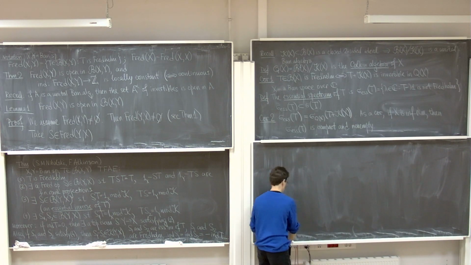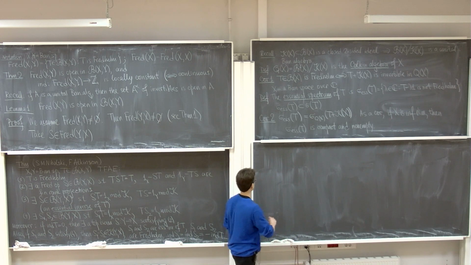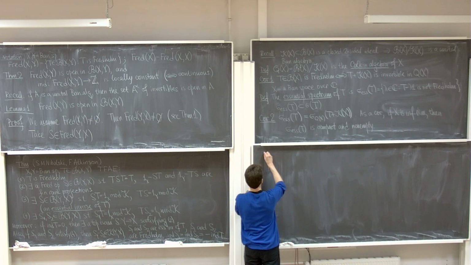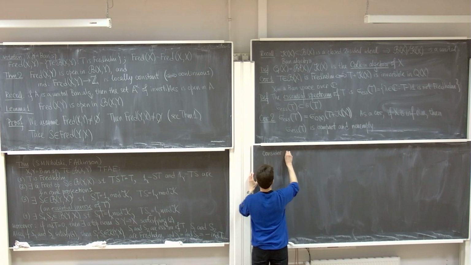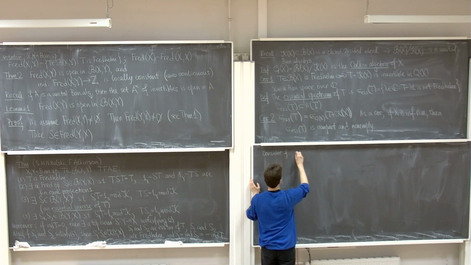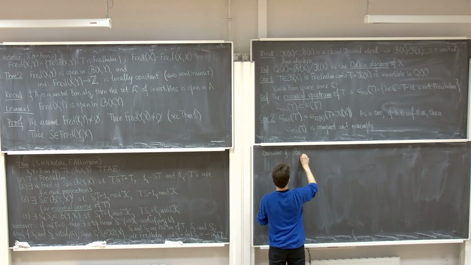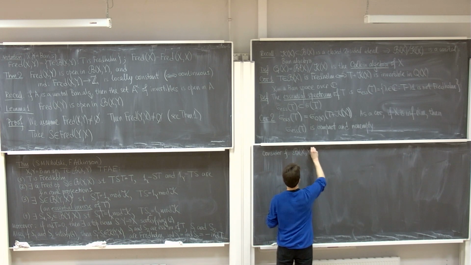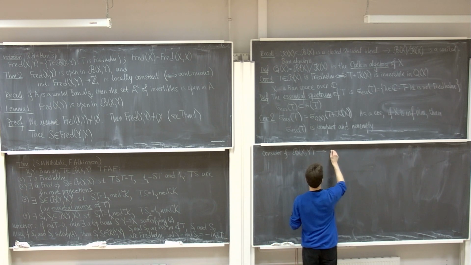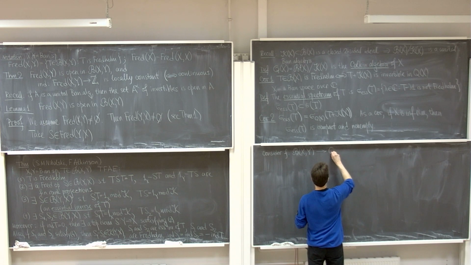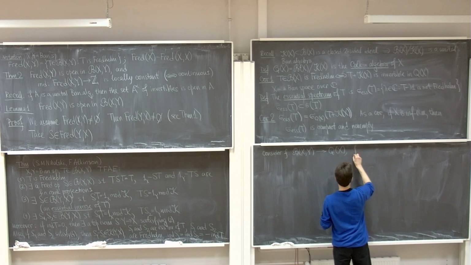So we take any Fredholm operator S from y to x and consider the following map. Consider the map F from the space of bounded operators from x to y to the Calkin algebra Q of x. F is given by the following formula.